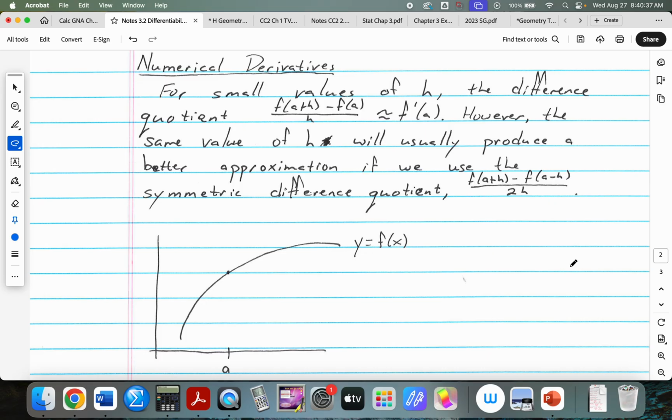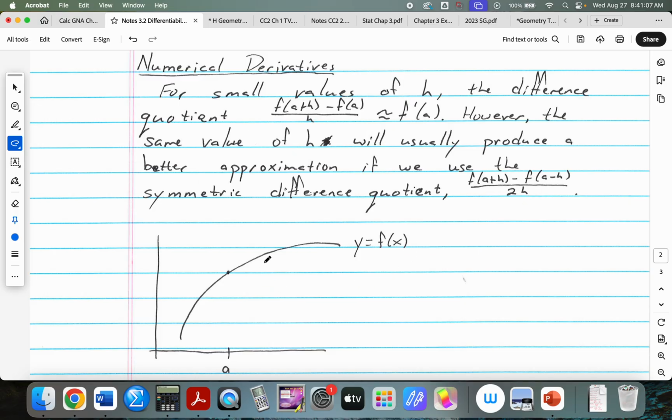So for small values of h, the difference quotient gives you a really good approximation for the derivative. However, the same value of h will usually provide a better approximation if we use what's called the symmetric difference quotient. That is f of a plus h minus f of a minus h over 2h.